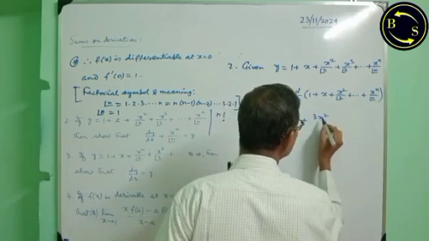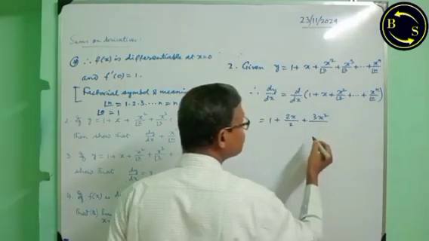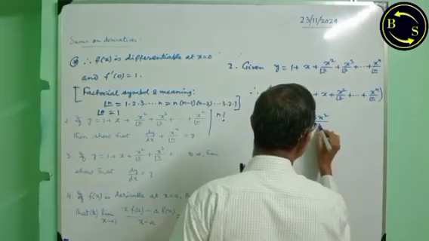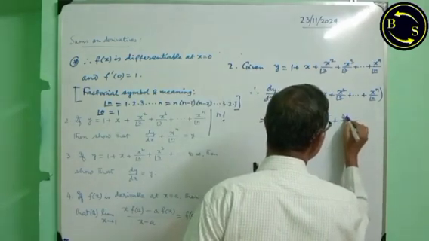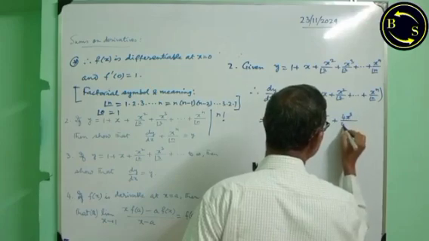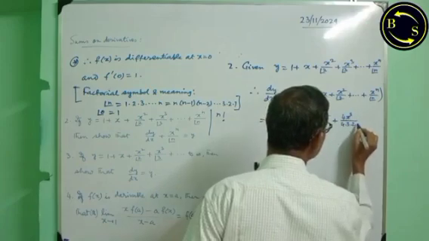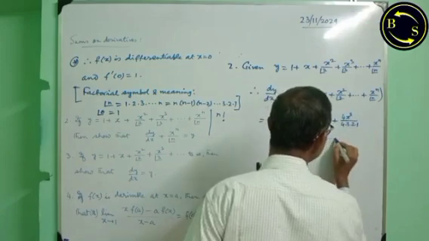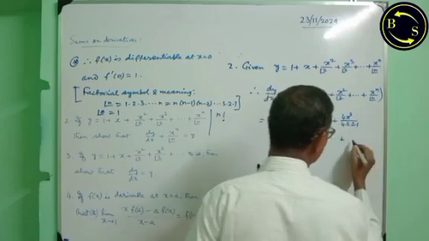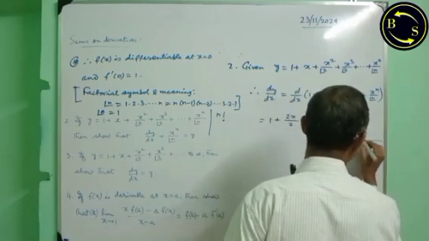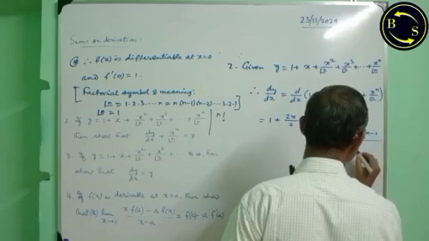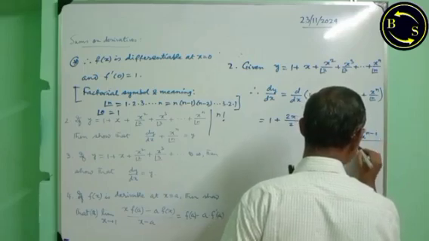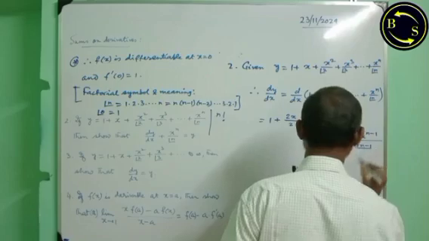then 3x square by factorial 3, that is 3 into 2 into 1, then 4x cube by 4 into 3 into 2 into 1, plus, and this will be n x to the power n minus 1 by n into factorial n minus 1.